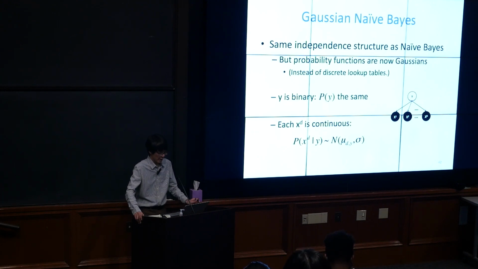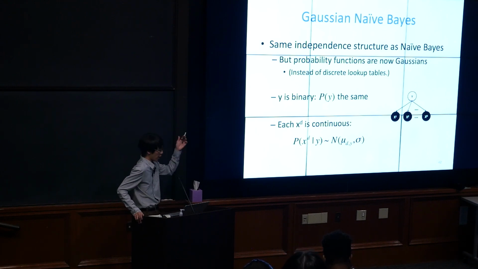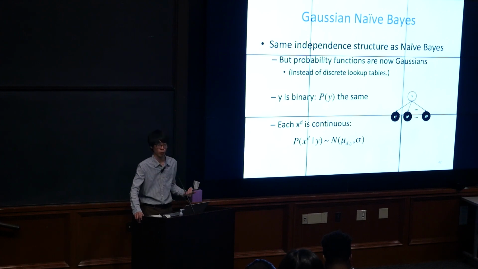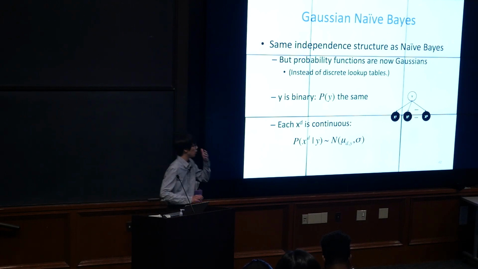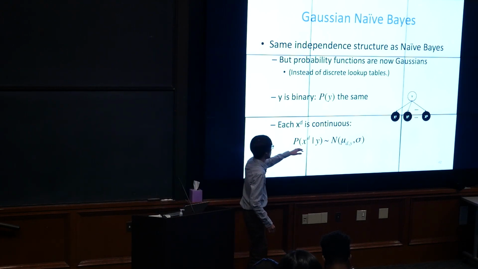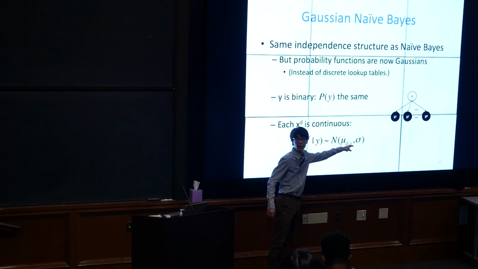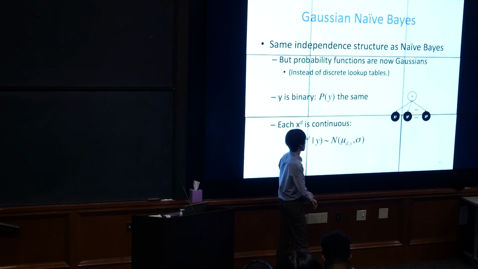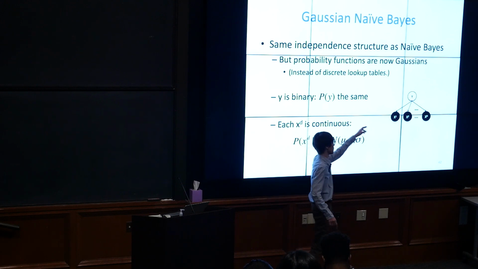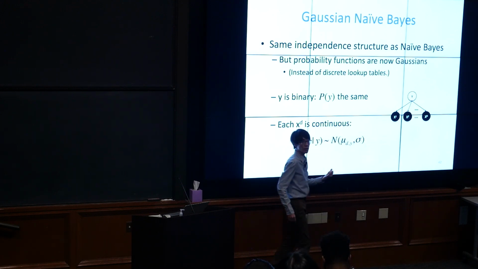So first, we have Gaussian naive Bayes, where it has the same independent structure as naive Bayes, but it's continuous, right? So instead of using discrete values, now each probability function, each arrow, is a Gaussian instead of a discrete lookup table, because your variables are now continuous. So instead of this lookup table, you have some defined mean and standard deviation, which is all you need to define a Gaussian distribution, and that's what defines each arrow going each way.